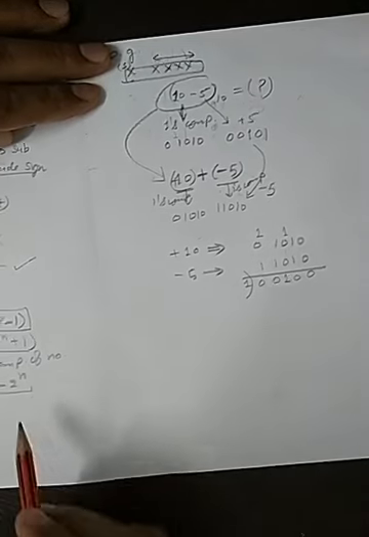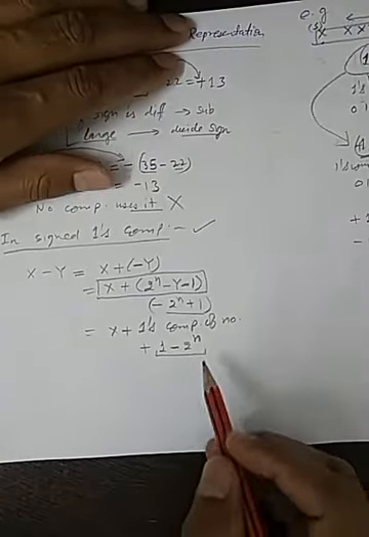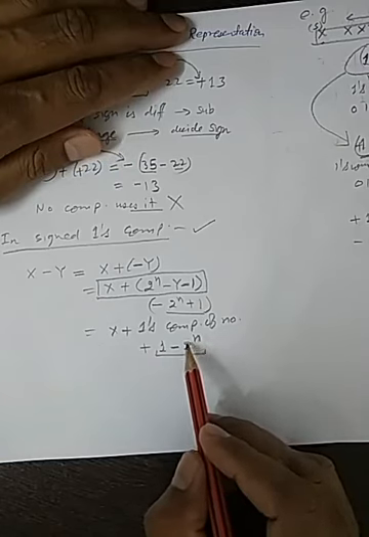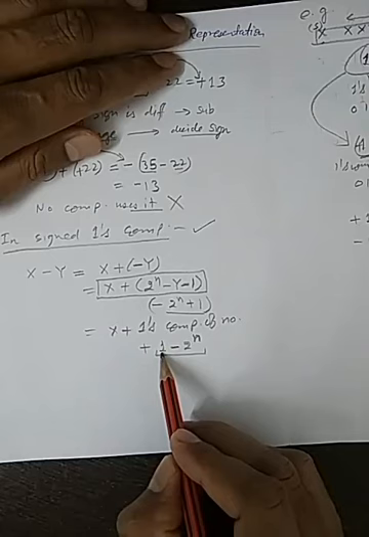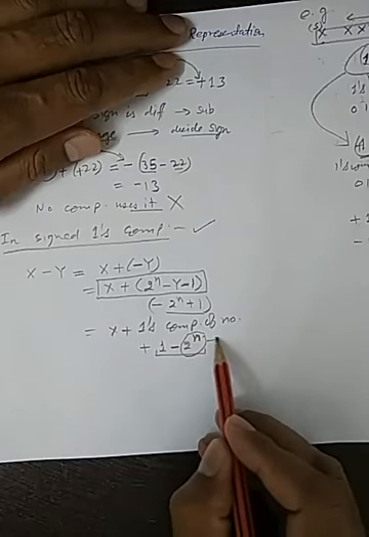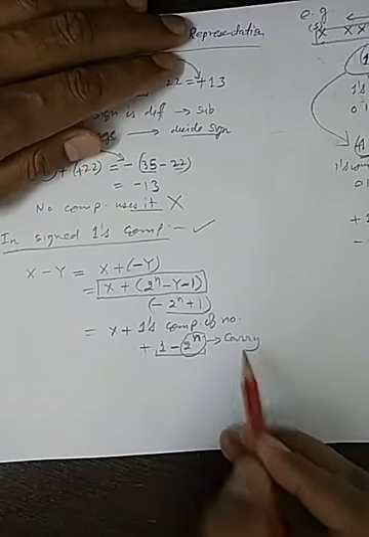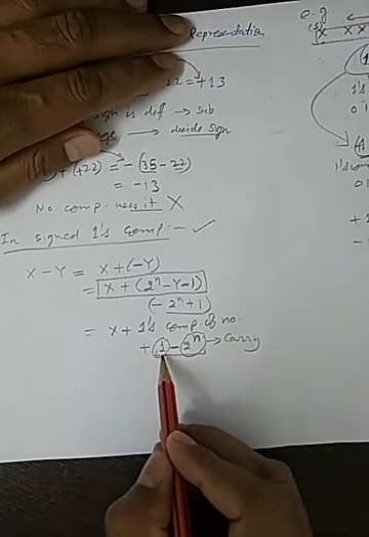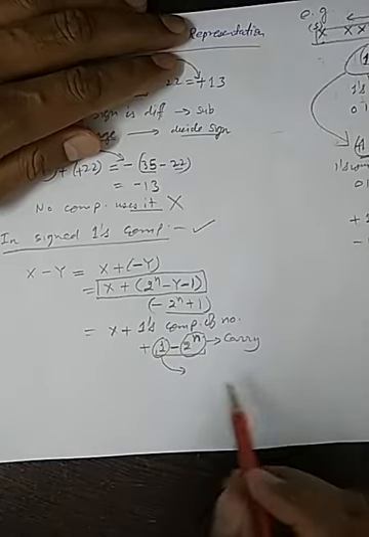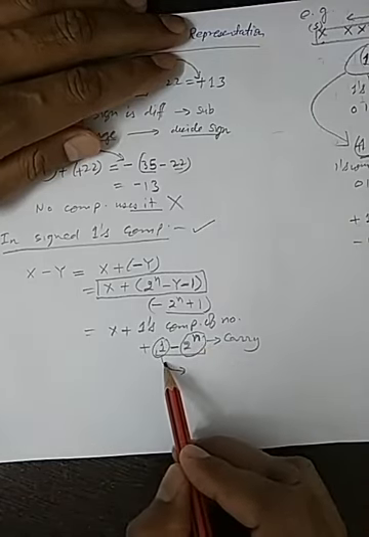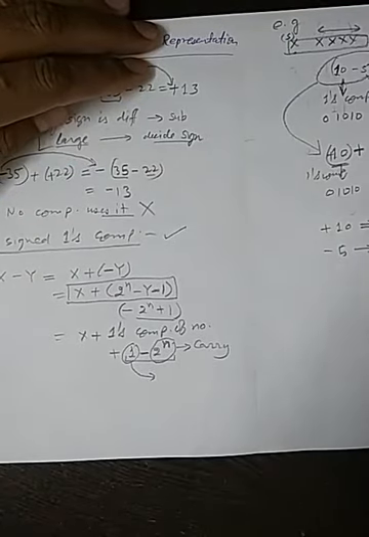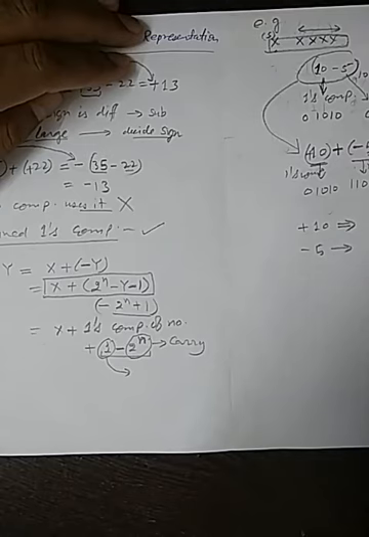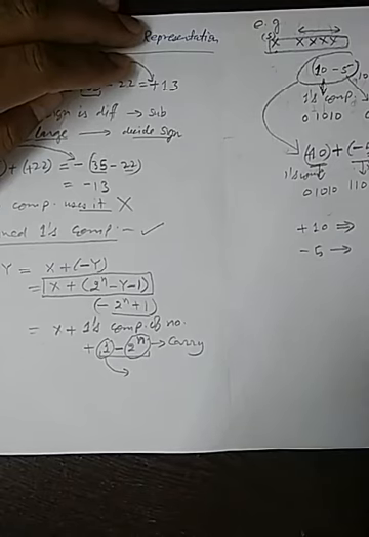Look at this one. In the previous page, this was minus 2 to the power n plus 1. 2 to the power n means it is carry. Plus 1 means we have to add 1. If there is carry, I will add plus 1 here. In layman's language, I will bring this carry and add it in the LSB.